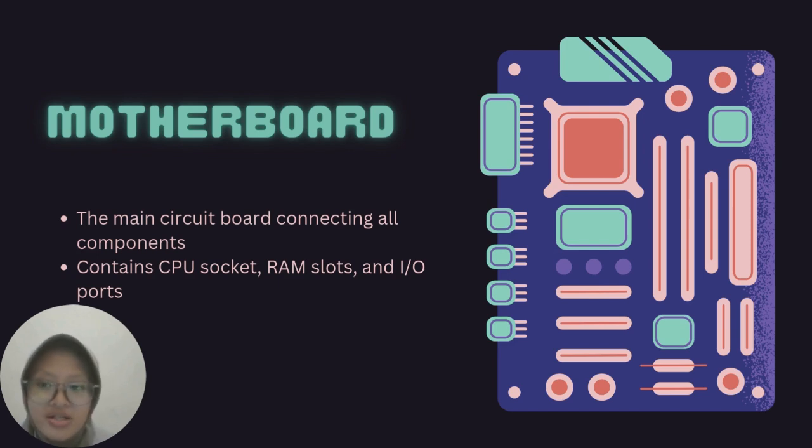It also contains critical parts like the CPU socket, RAM slots, power connector, and various ports for external devices. Think of it as the central nervous system of the computer that allows all parts to communicate effectively.